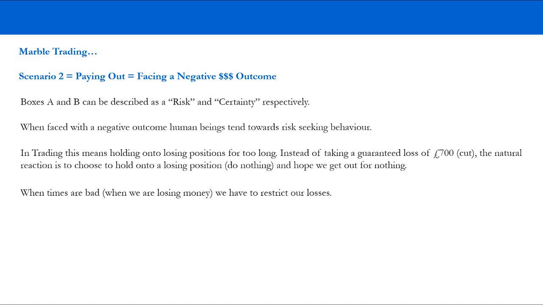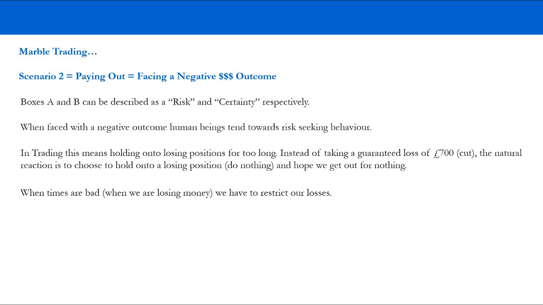So when times are bad, when we're paying out and losing money, we pull from box B, we restrict our losses. When we're winning, we pull from box A, we take risk and uncap the upside to our winning positions. We want to make sure we have as much upside as possible, if not infinite upside, on our winning positions, and overall with very little to no risk to the rest of our portfolio.